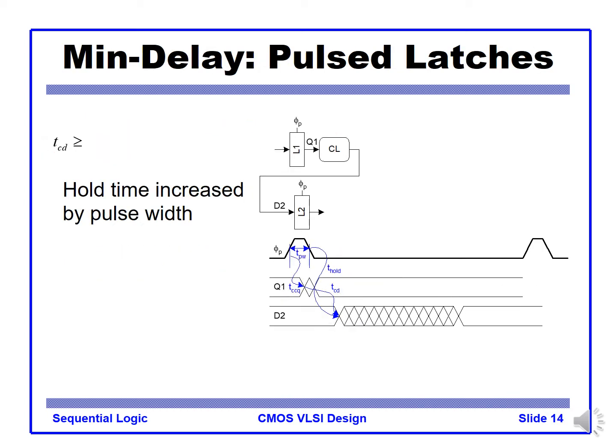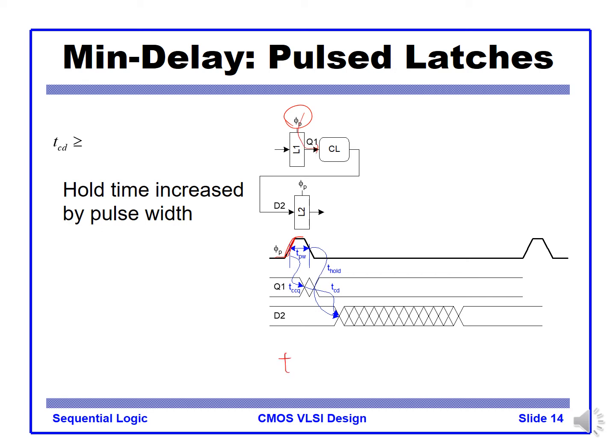For the post latch, the minimum path delay we can calculate from when the phi clock goes up. For the pulse, we can start from this example. At the time the phi goes up, data comes out through the flip-flop.